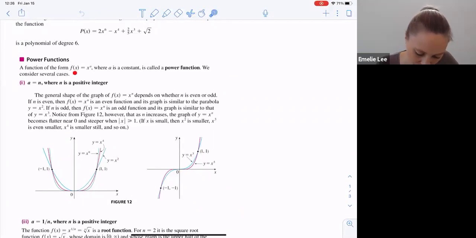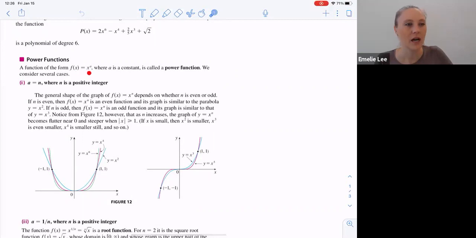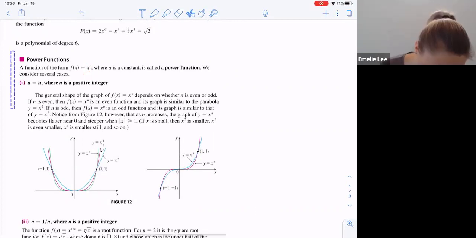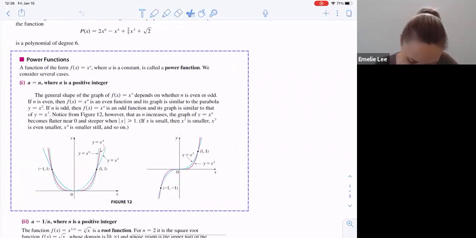I should have brought this in as a PDF. X to the power of a, so x is in the base, and then the power is changing, right? So here we've got a polynomial, we've already seen a power function, right? So let's see if I can bring all this in?